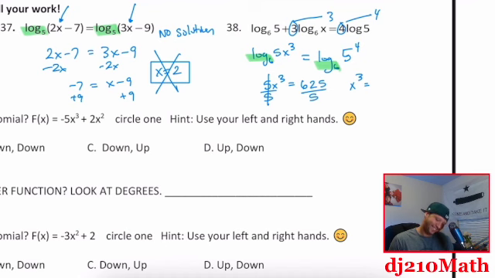How many 5s are in 625? 125. All right, so now we have x cubed is equal to 125. So what number cubed is 125? Obviously 5, right? We kind of went in circles. 5 times 5 times 5 is 125. x is equal to 5.